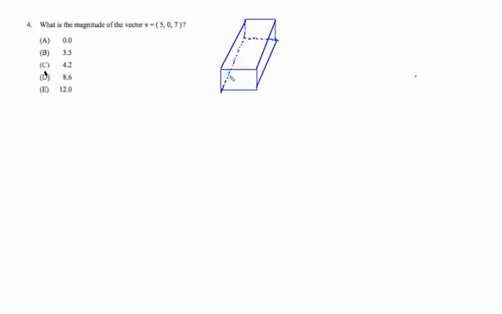For example, this cuboid represents a 3D axis. Normally, this is the x-axis. This is the y-axis.